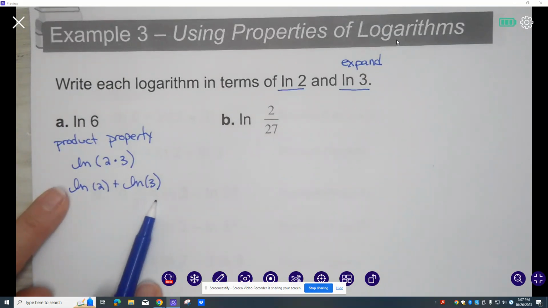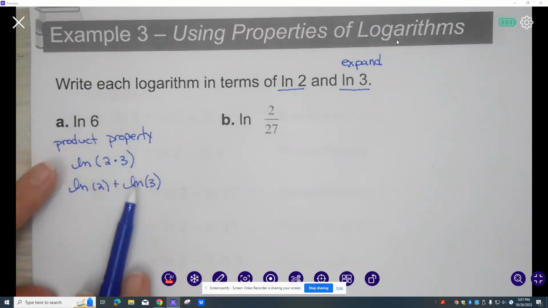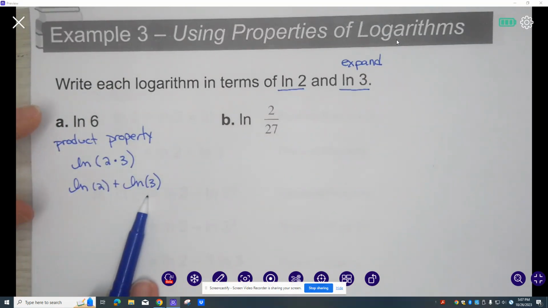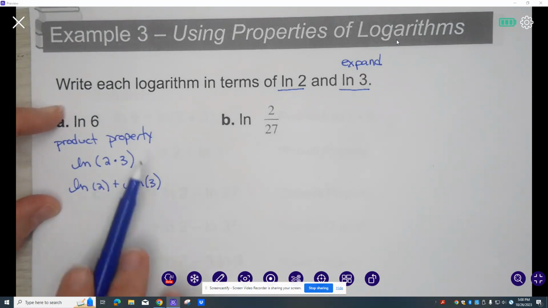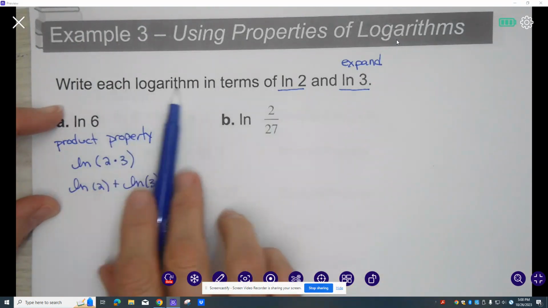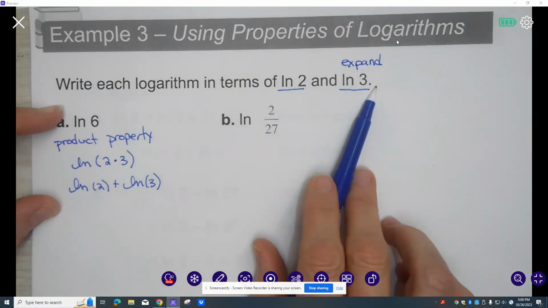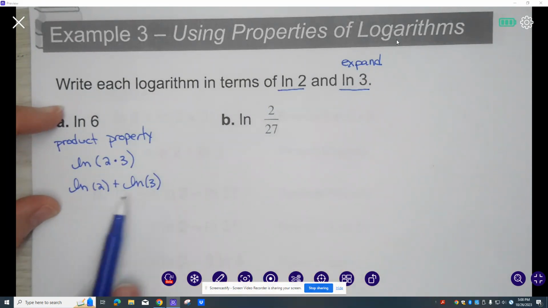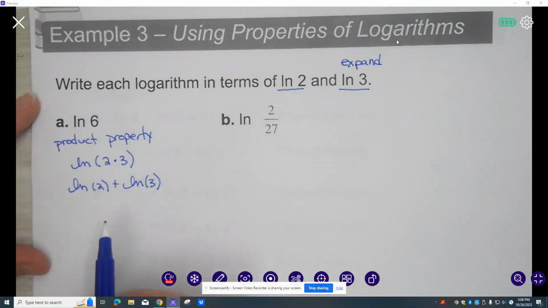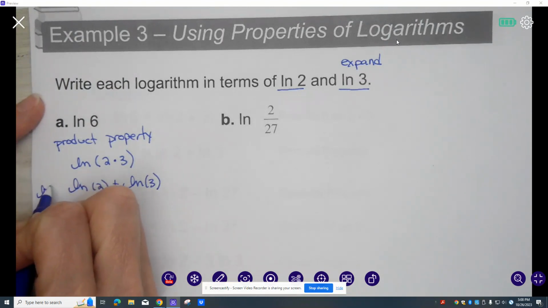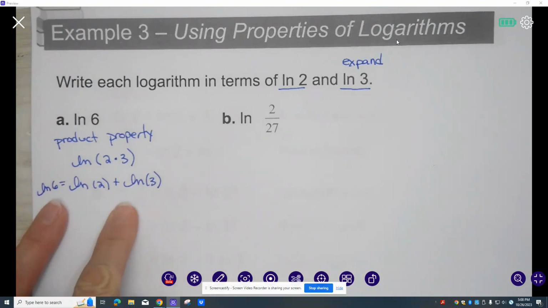So I have expanded this out from a single log to 2 logs. These are equivalent, and I've done what they asked. I've written the logs in terms of natural log of 2 and natural log of 3. So it's just a different way of writing this. The natural log of 6 is equivalent to this.